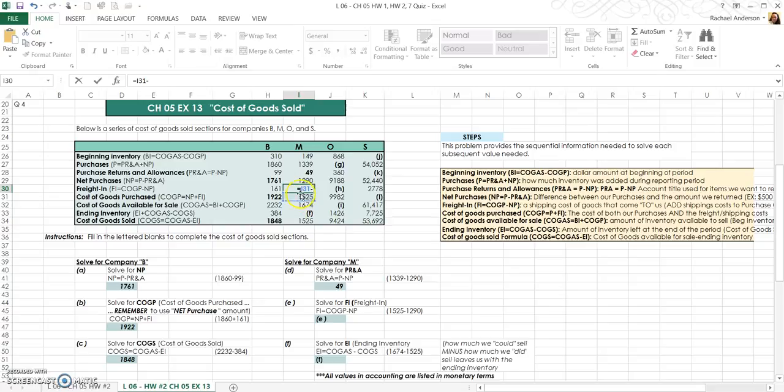So we minus net purchases of $1,290. That will give us our freight costs of $235.